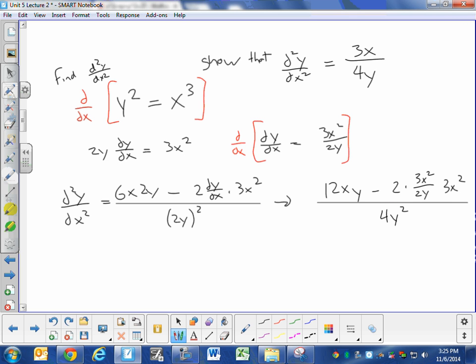Lofty, but achievable, attainable. This is where some people can stop and say, okay, I'm done. Maybe you can multiply the 3 and the 3, the 2's cancel, multiply your x's together. That's no big deal. So maybe we stop here.